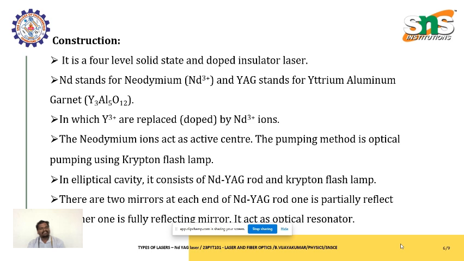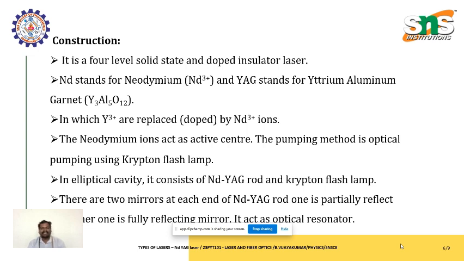Nd stands for neodymium and YAG stands for yttrium aluminum garnet, in which Y3+ ions are replaced by doped Nd3+ ions. The neodymium ions act as the active center. The pumping method is optical pumping using a krypton flash lamp.